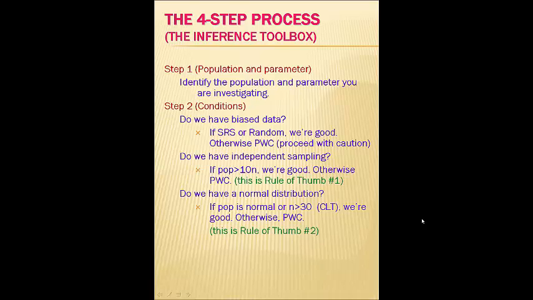Now for means, we're testing if it's normal, and then n has to be greater than 30 for the central limit theorem, or we can graph it to see if the stem and leaf plot is roughly normal, and then I'll also show you how to do it on your calculator to see if it's roughly normally distributed. Or look for it in the problem. Very often it says that it's normally distributed. Otherwise, proceed with caution and go on to step 3.